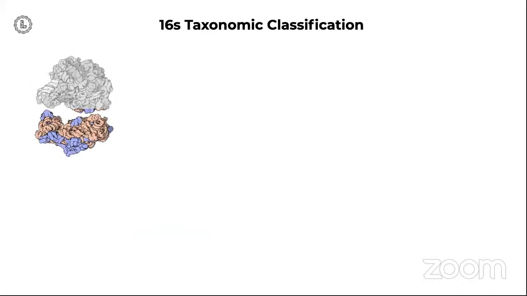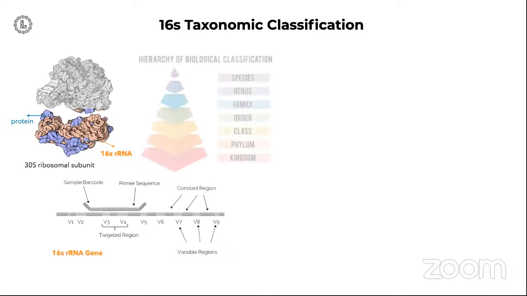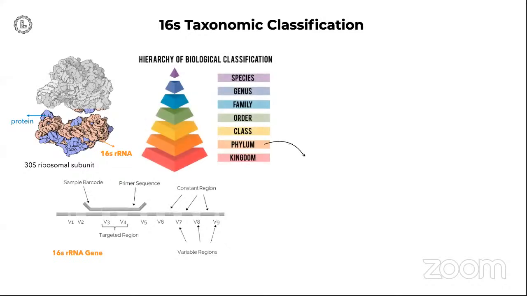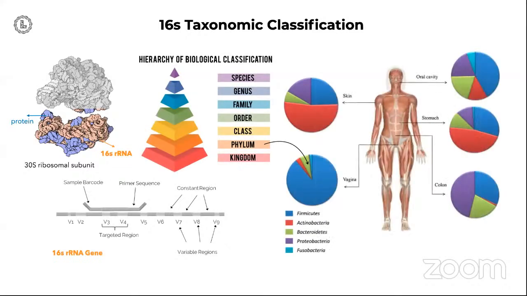Ultimately, based on that mapping of specific regions amplified from the 16S ribosomal RNA gene in the small subunit of the bacterial ribosome, OTUs can be assigned to belong to a taxonomic class of bacteria, yielding important information about the proportionate view of the community.